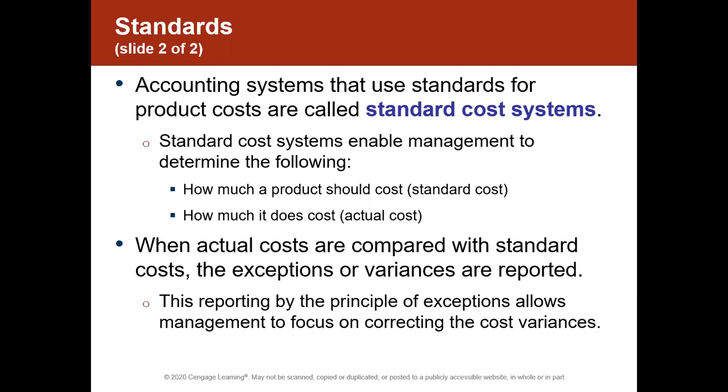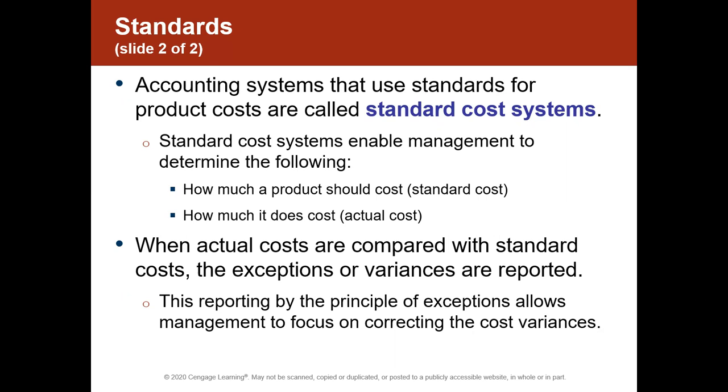Once we've developed a standard cost, we can compare it to the actual cost and ask ourselves, why are we different? And is there something we can do about it? This happens in almost every industry, even here at the college. We would want to say, how much does it cost to offer a class of accounting? We have the cost of the teacher, we have the cost of the overhead, and then at the end of the year, we can say, how much did it actually cost us?